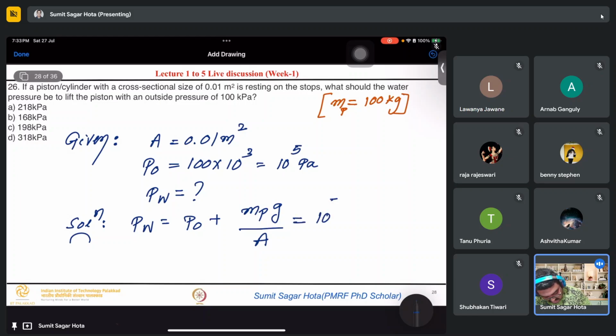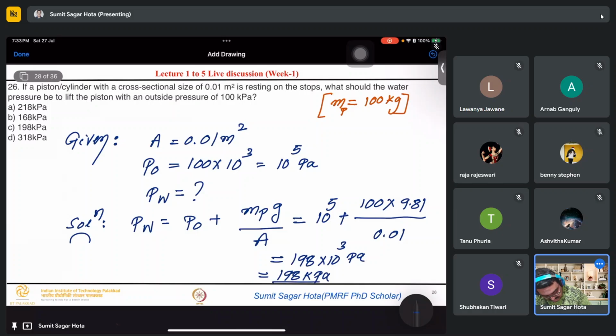So 10 to the power 5 plus the weight, 100 kg times 9.81, divided by 0.01 meter square, which leads to a value of 198 into 10 to the power 3 Pascal, which is 198 kilopascal, which leads to option C.